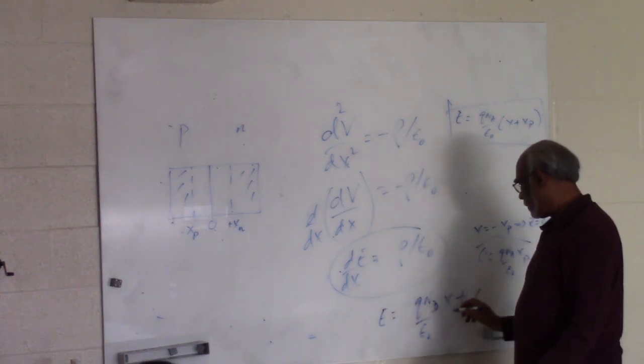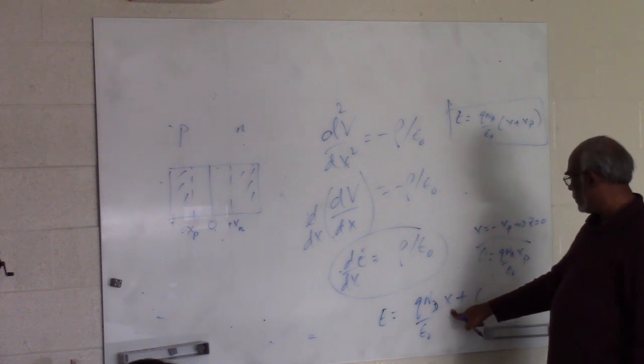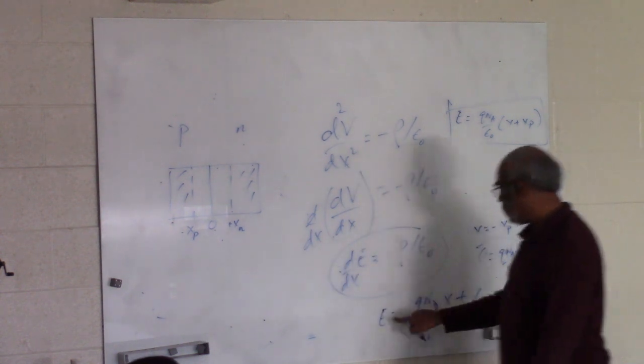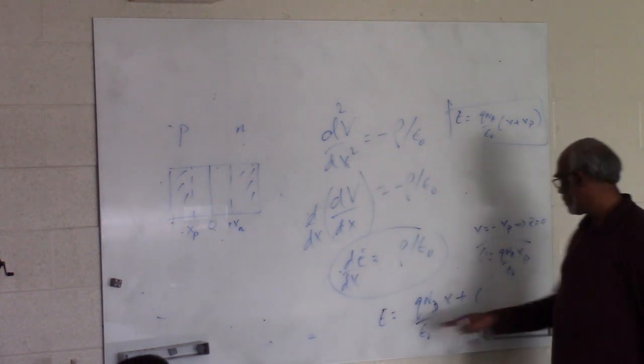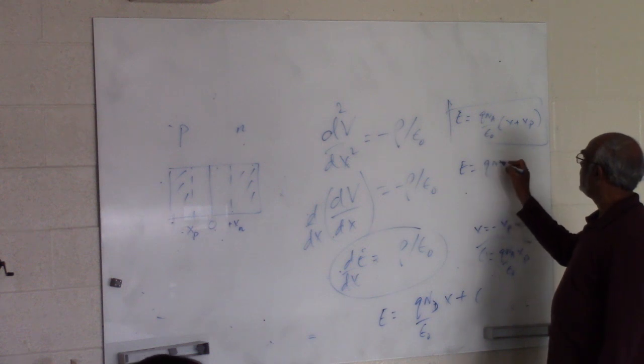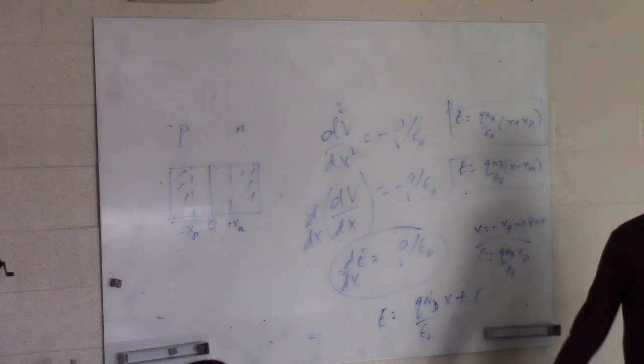Then again you can do the same calculation: when x equals xn, your E becomes 0. So from that you can calculate your E, which becomes Q Nd over epsilon 0 times x minus xn. You can easily calculate that.